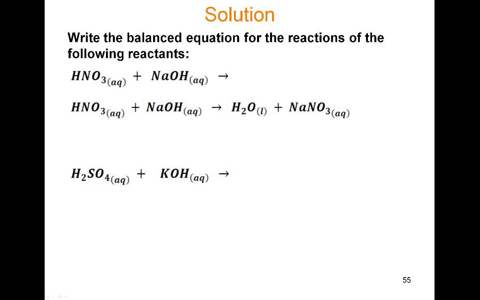Once the acid has donated these 2 protons, what's left is the sulfate ion, SO4 2-, and coming from the base, we have K+. So we find the formula of the salt by placing the positive ion first, and then the SO4 2-.